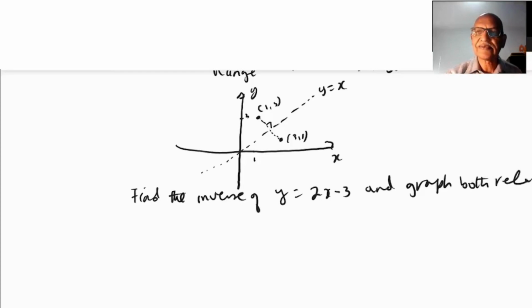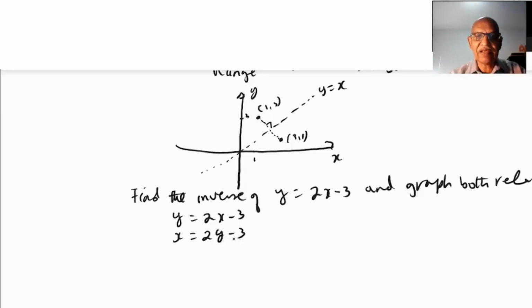To find the inverse, if y is 2x minus 3, we interchange x and y. Interchange x and y means instead of y I write x, instead of x I write y. Then we isolate the y.